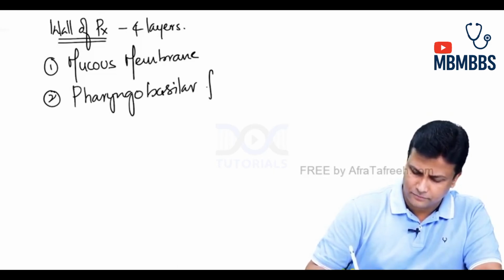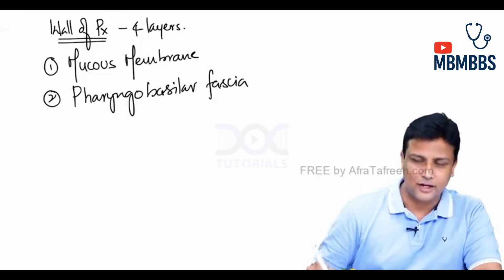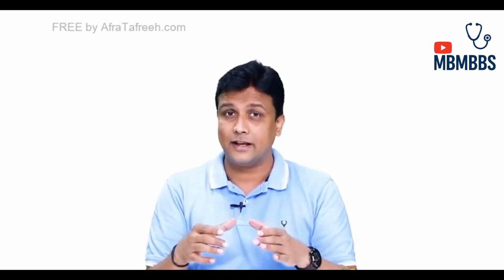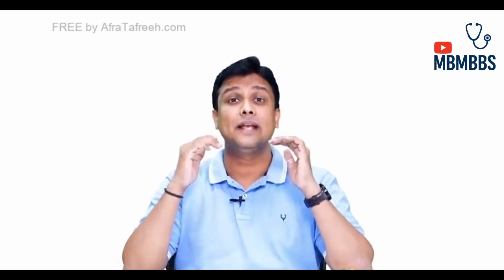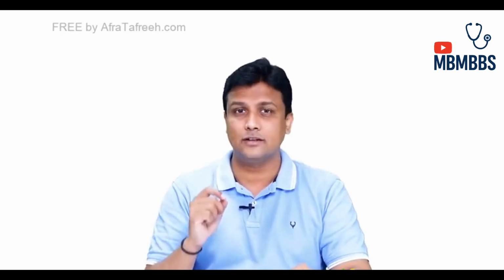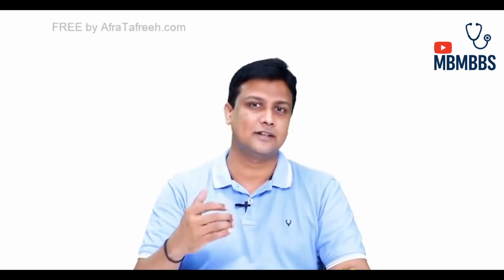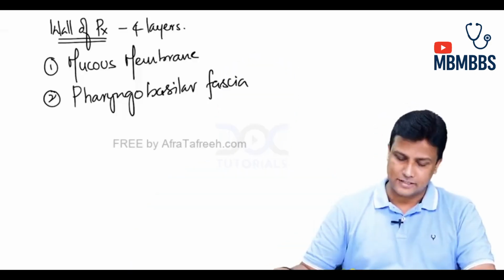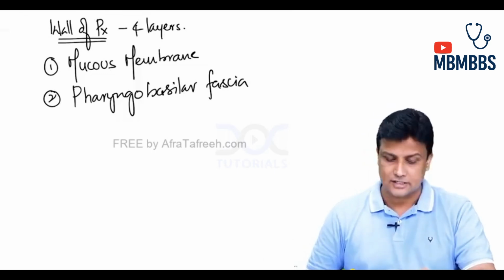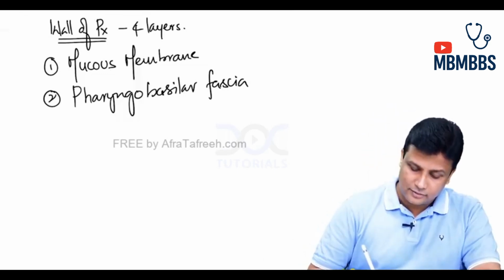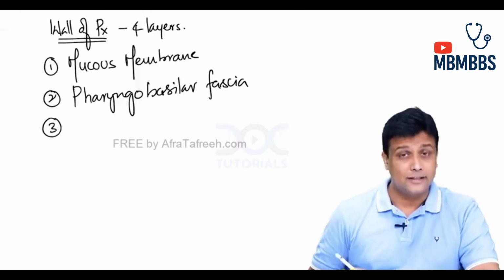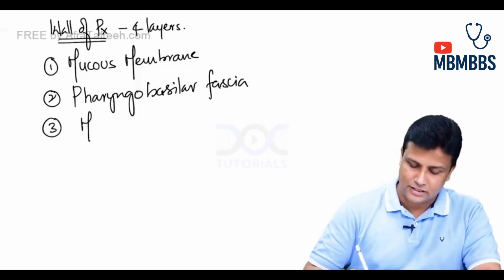Pharyngobasilar fascia. From the name itself, you can understand that pharyngobasilar means it is from the pharynx and attached to the base of the skull. That is the reason why the name is given as pharyngobasilar fascia: from the pharynx towards the base of the skull. And around that, layer number 3 will be the muscular layer.